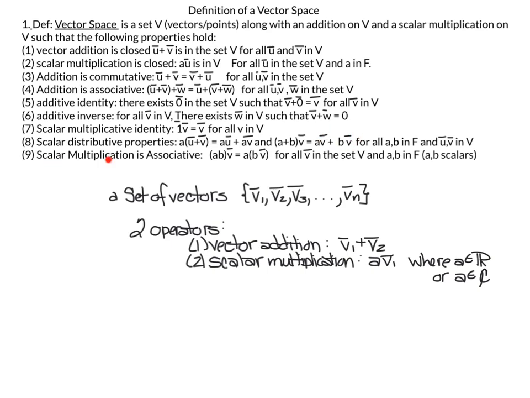Last, scalar multiplication is associative, so a times b, both scalars, times a vector v is equal to a times (b times vector v). And the other thing I should have mentioned at the beginning is that our set of vectors, or our vector space, is denoted with a capital letter V.